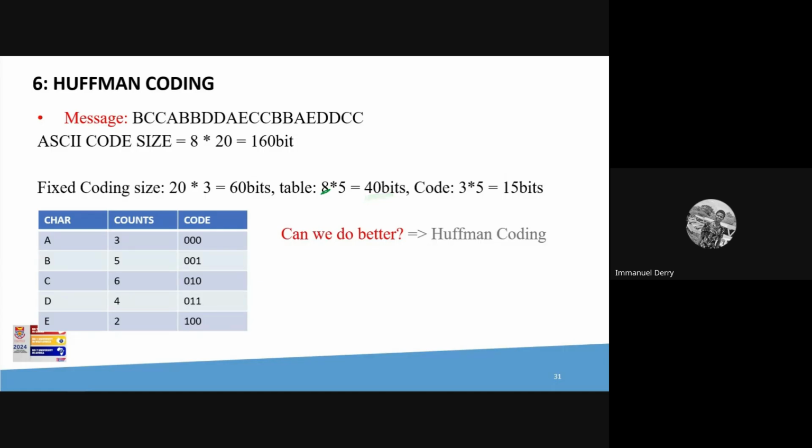Now we also have to calculate the code size, which is the unique characters times the 3 bits we represented our data with here. And then we are going to get 15. So with the fixed coding size, to get the total size we need to store, we add this plus this plus this. What are we getting?